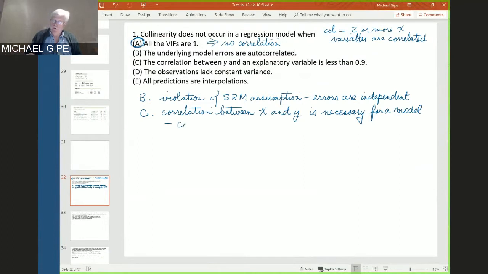And collinearity, I'll never learn how to spell collinearity, 1 L or 2, only concerns X variables.